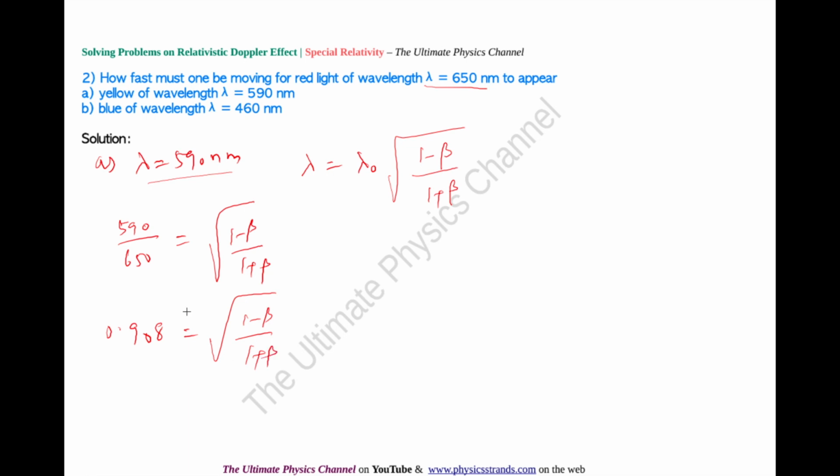Or if you square on both sides, you have 0.824 is 1 minus beta over 1 plus beta.